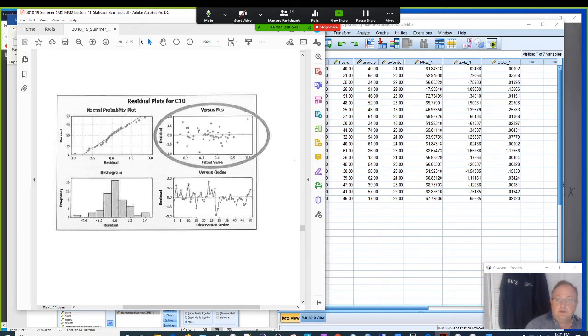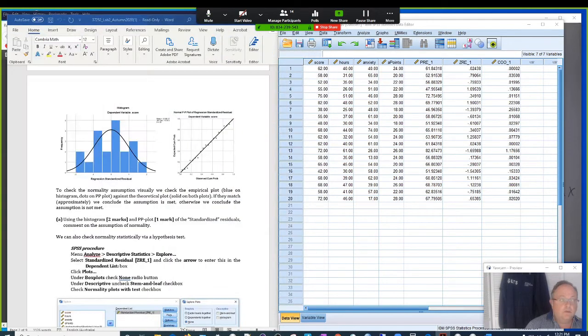Alright, so let's just go back to our fits here. And that looks not unlike what we just had a look at. So we've got a histogram for our standardized residuals, and we've got our dependent variable and our standardized residuals.